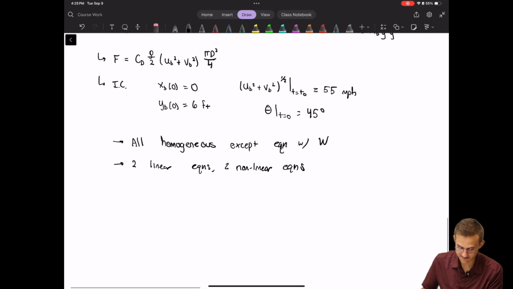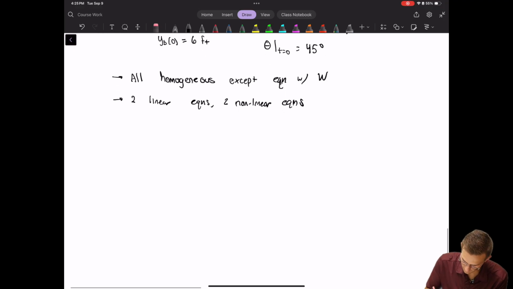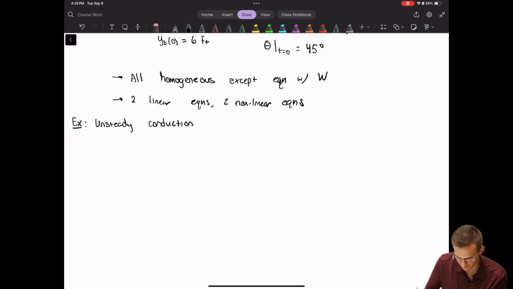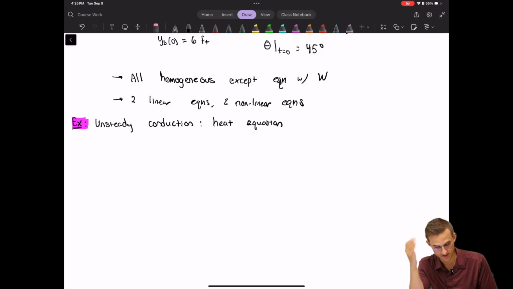And then for our last example, we will talk about unsteady conduction. Whoops. And this is more of a preview than a detailed discussion here. So we're going to talk about the heat equation.